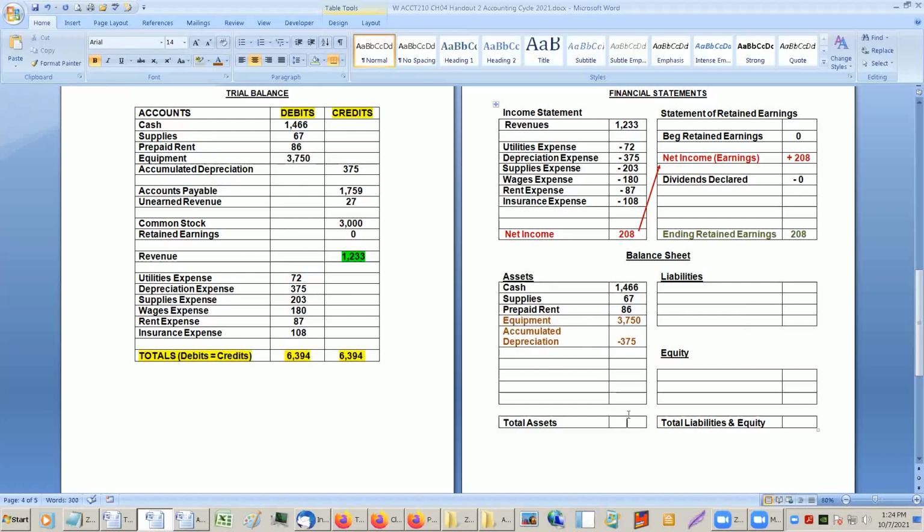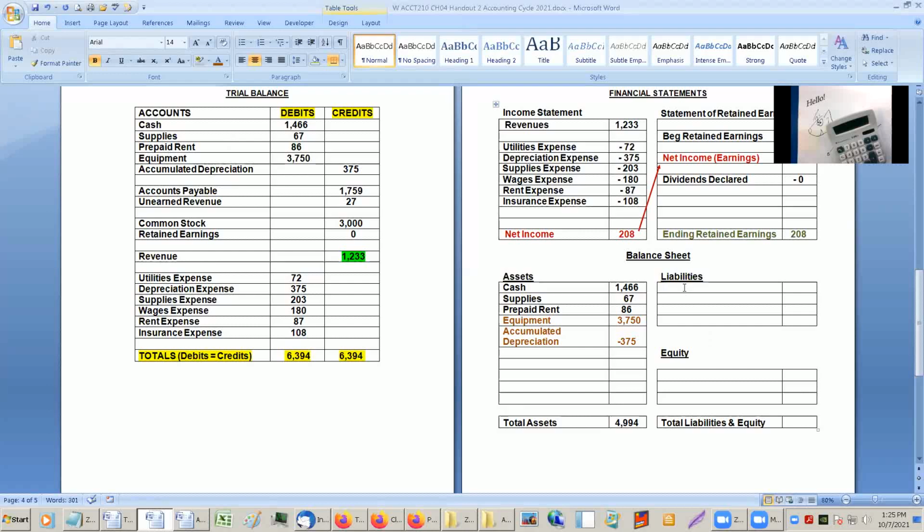Okay, so let's see what the total is here. And by the way, because of our trial balance, we know that this should balance too. $4,994. Yes. Yay.